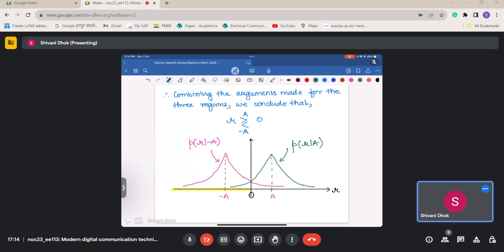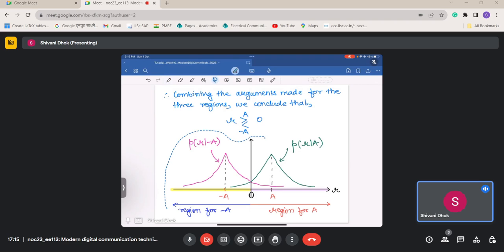And this region is the region for minus A, and this thing here is the region for deciding in favor of A. This is what we are having.